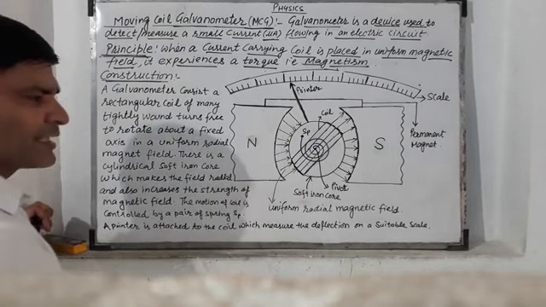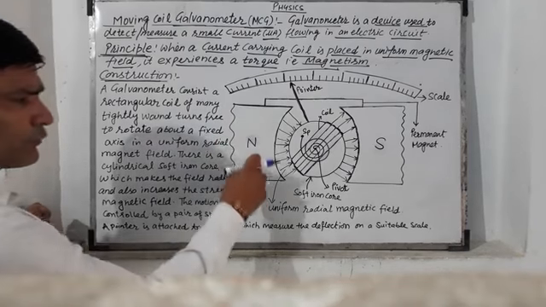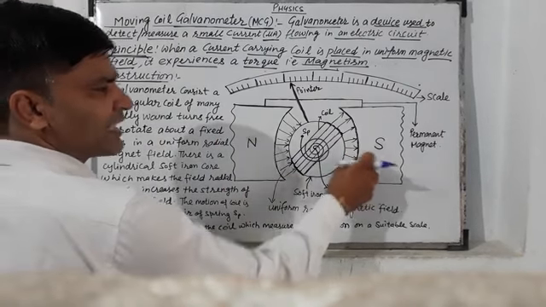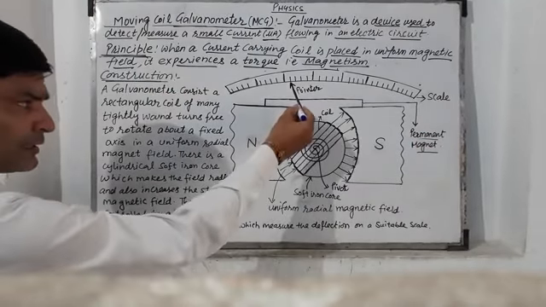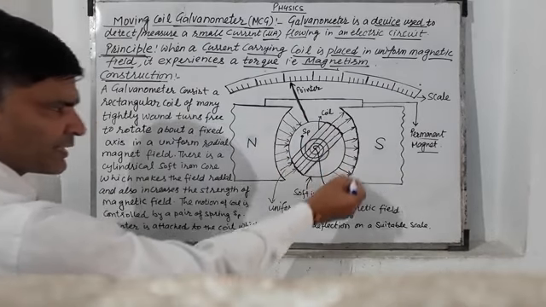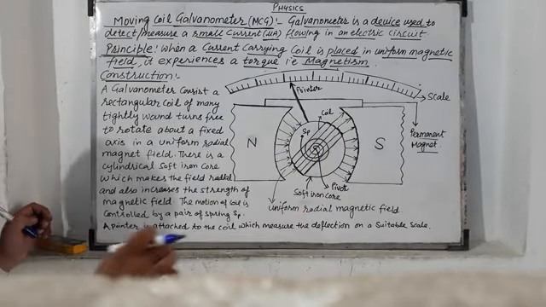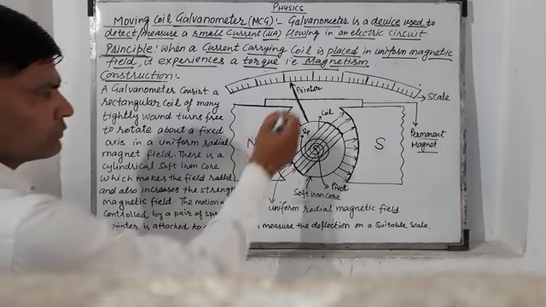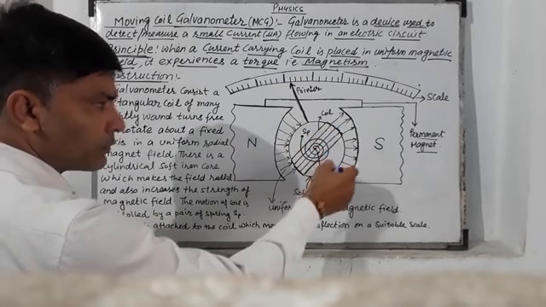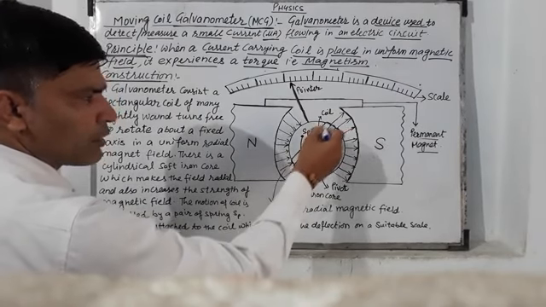In the diagram, first of all, north and south poles are there, a permanent magnet, but the design is different. This is a horseshoe magnet. Now a rectangular coil.